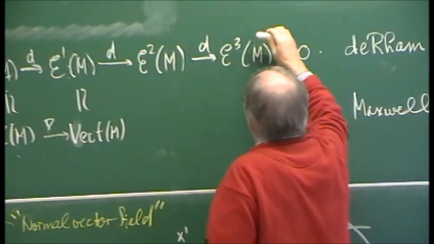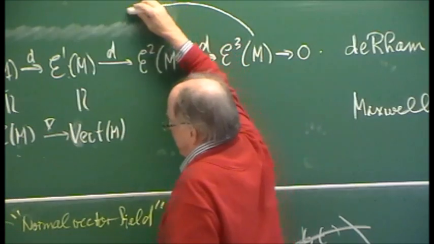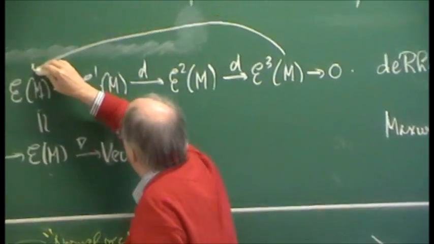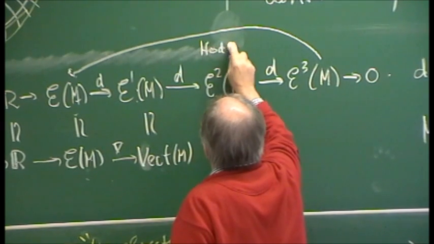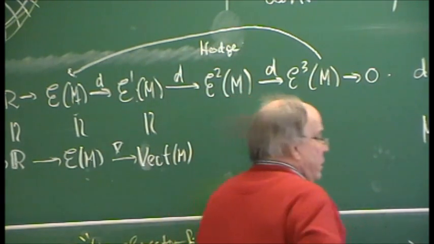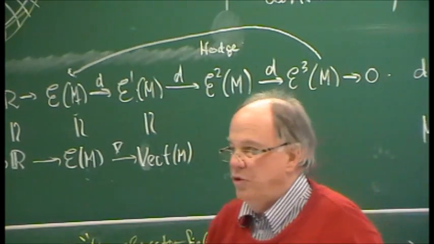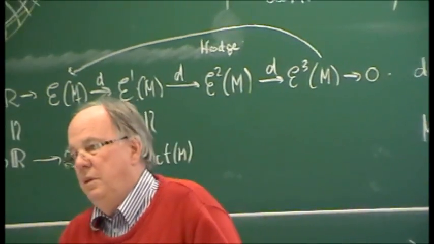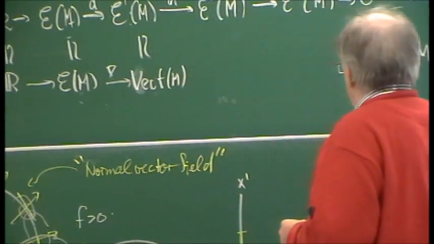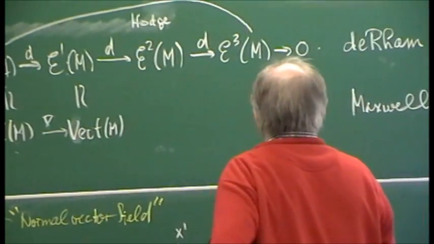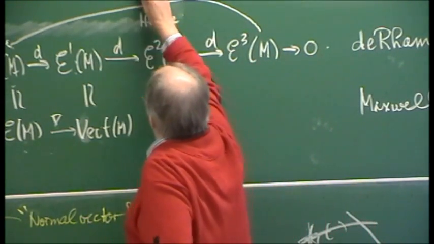So Hodge is on top of all this, and Hodge goes from here to here. This is Hodge. Hodge is a wonderful British mathematician of algebraic geometry in principle, major works pre-World War II, but of course later. And this Hodge operator will be called star.